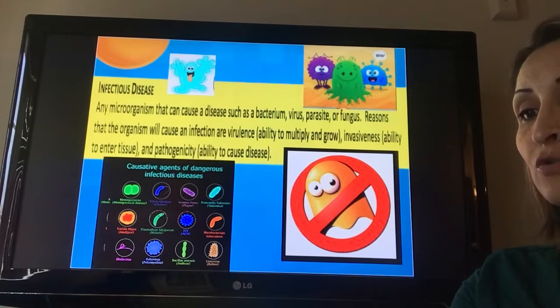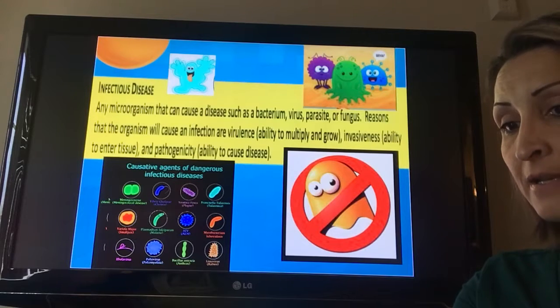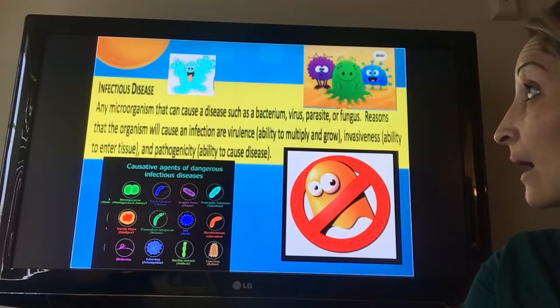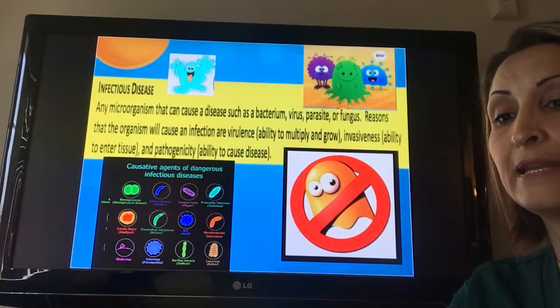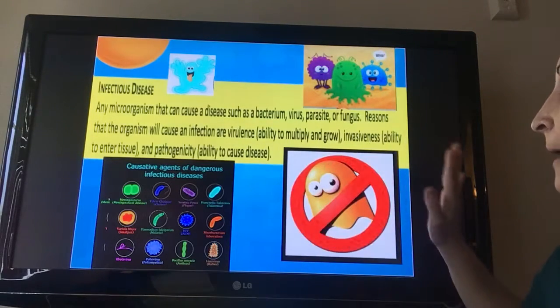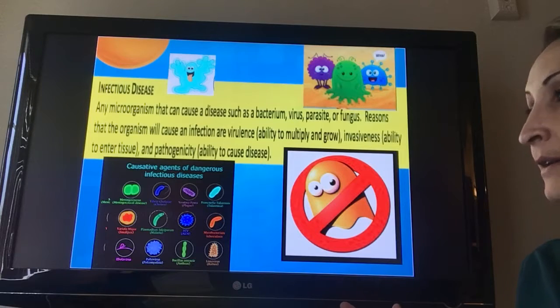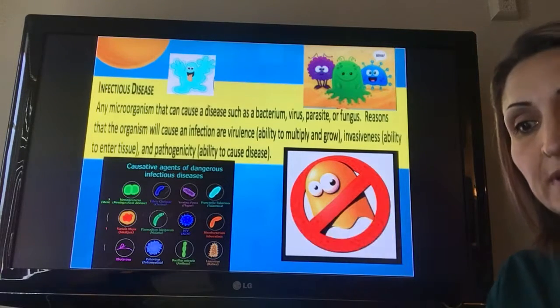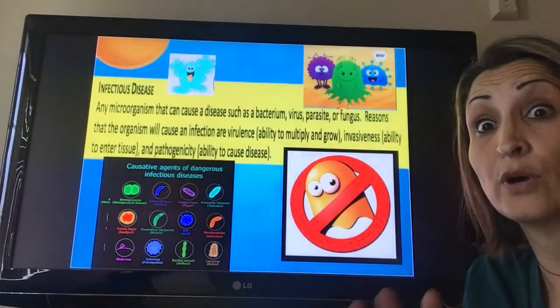So from those six elements of the chain, we're going to start by explaining how those germs, bacteria, viruses, parasites are, and how they will go into a host.